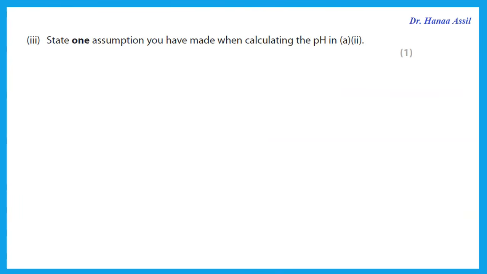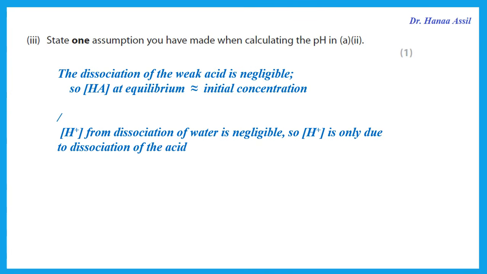State one assumption you have made when calculating the pH of a weak acid. Again, remember the assumptions that we make when we calculate the pH of a weak acid is the dissociation of the weak acid is negligible, so we regard the concentration of the acid at equilibrium to be about the same as the initial concentration.